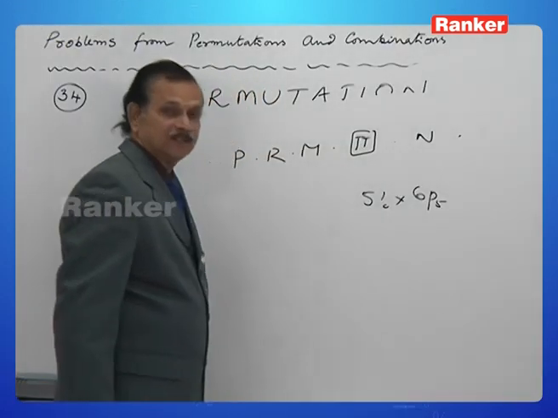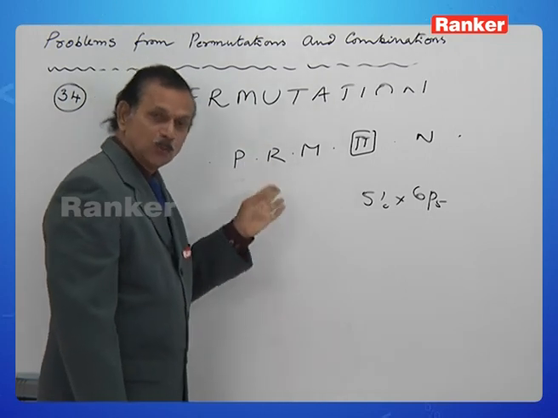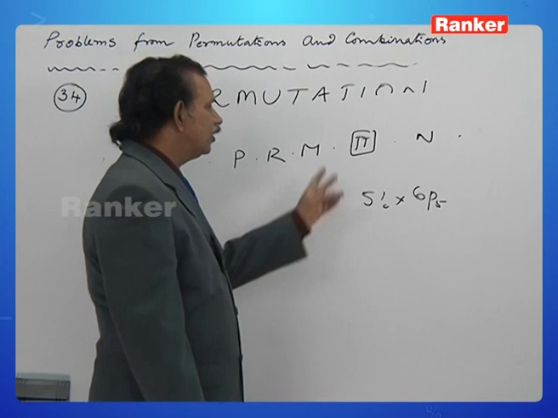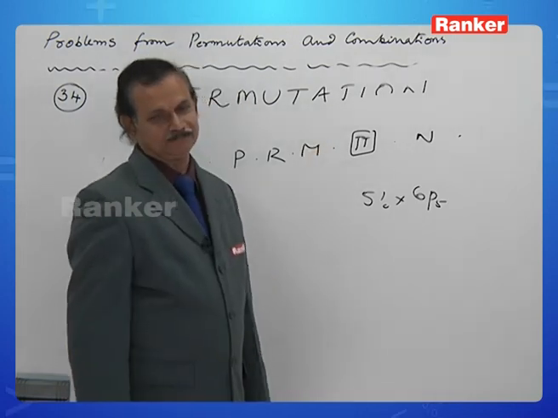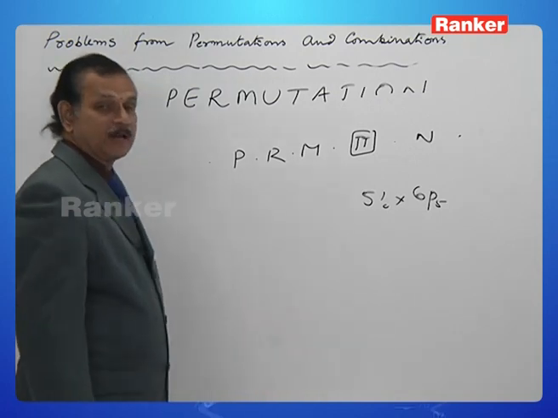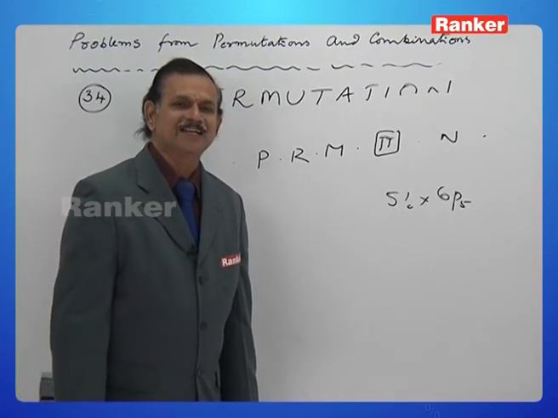5 vowels. This is the number of permutations in which no two vowels come together and both the T's come together. The previous answer is the total number of permutations in which no two vowels come together.